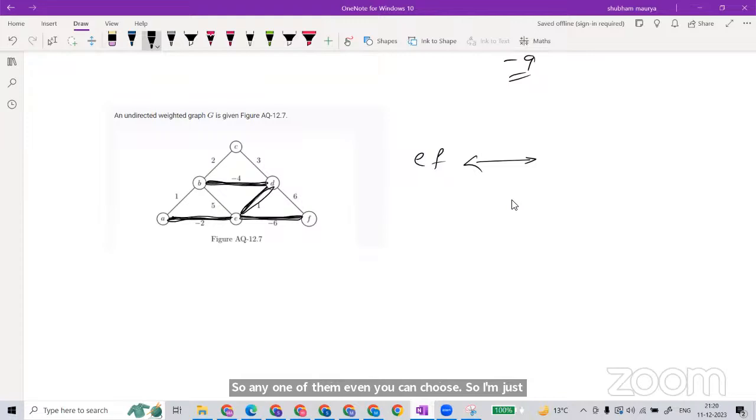Now compare, and choose the edge which has the minimum weight. Again, you will not choose this one, because once you choose this one, it will make a cycle.